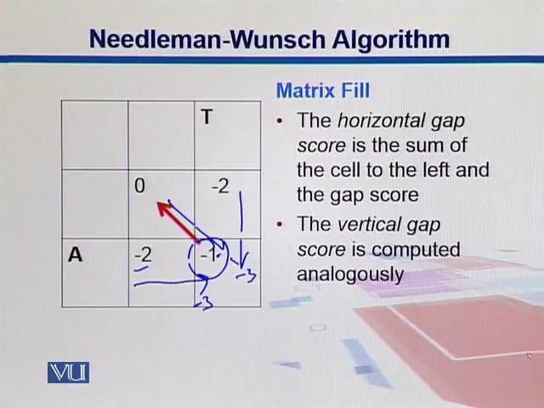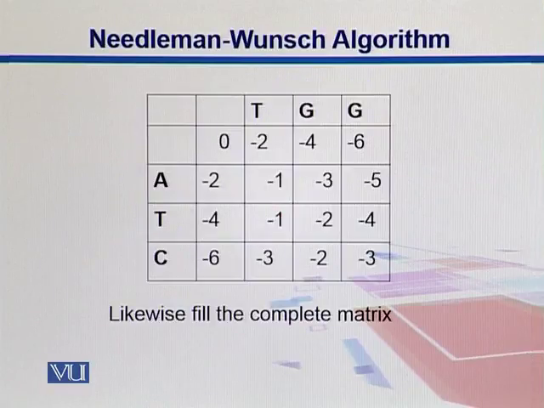Which one amongst them is the maximum, as per the algorithm? -1. So we will take this score coming from the diagonal. This red arrow over here is a pointer which tells us that we derived this score from the diagonal. It will help in the last step, the traceback step. Likewise, we keep on moving through all cells, adding scores and picking up the maximum scores, and in the end we fill the complete matrix.